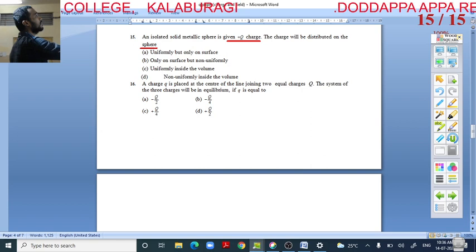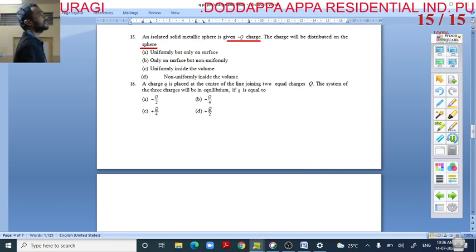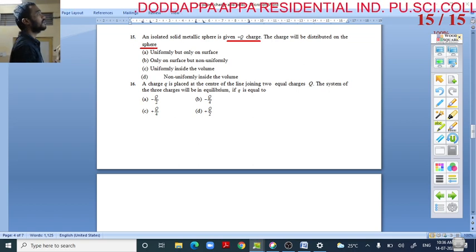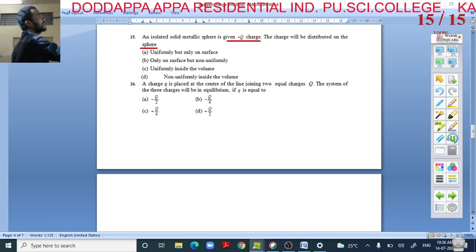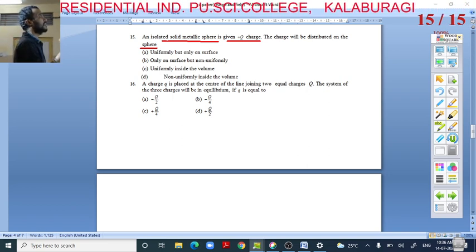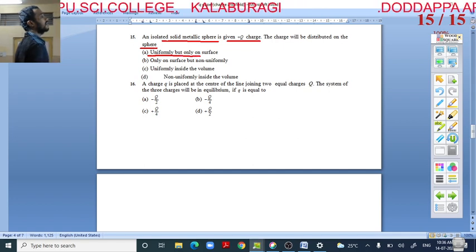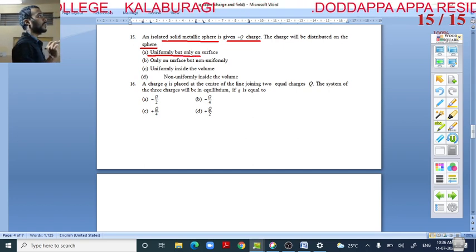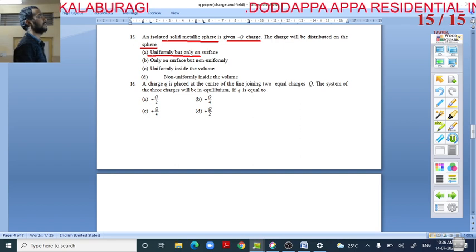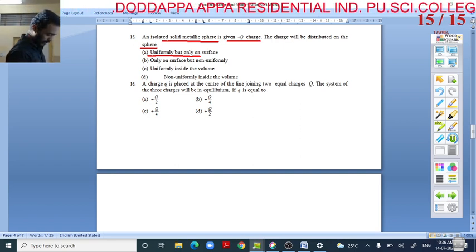There is an isolated solid metallic sphere given plus Q charge. The charge will be distributed. See, it is a solid metallic sphere, so it is very clear: uniformly distributed, but only on the surface. Only on the surface, right?